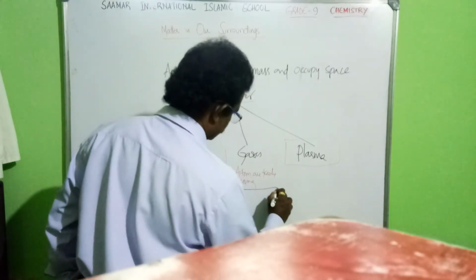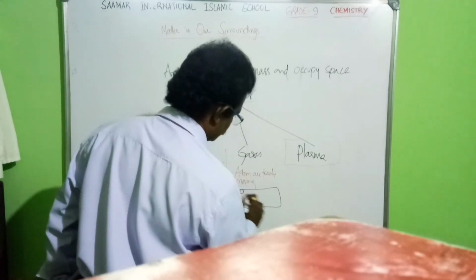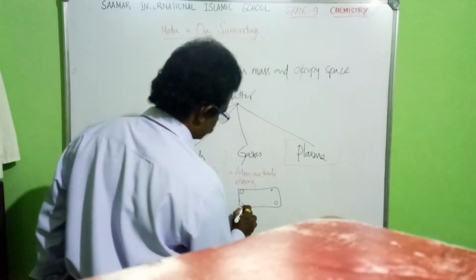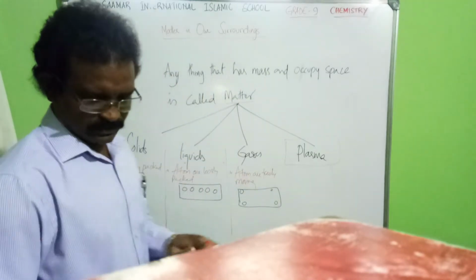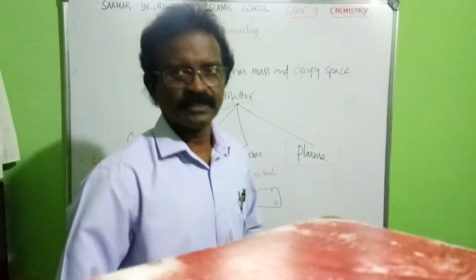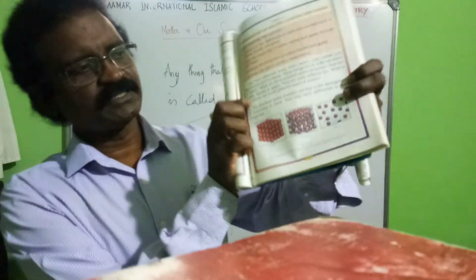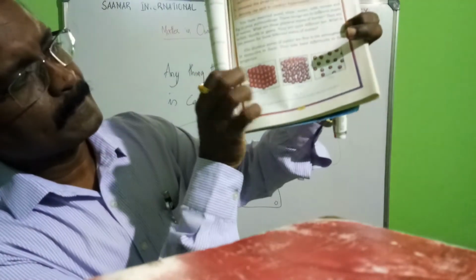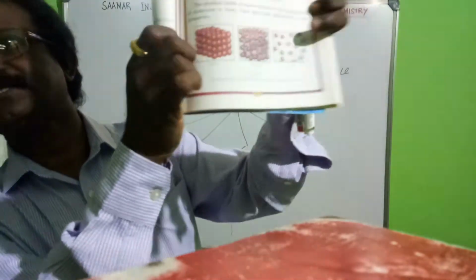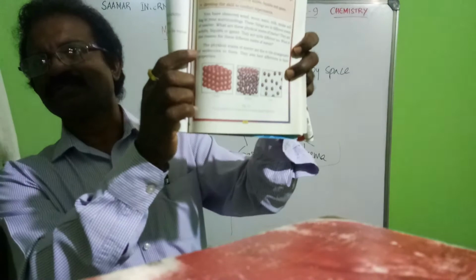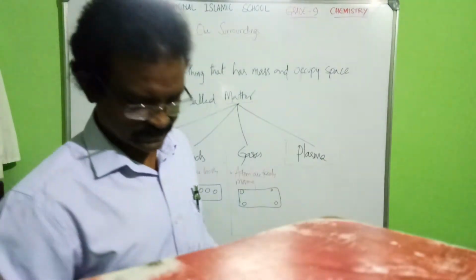Whereas in gaseous state, they are freely moving. If you want to know the structure, I can show you this way. You can see solids, liquids and gases. Is it clear?